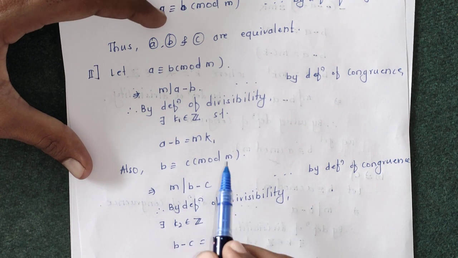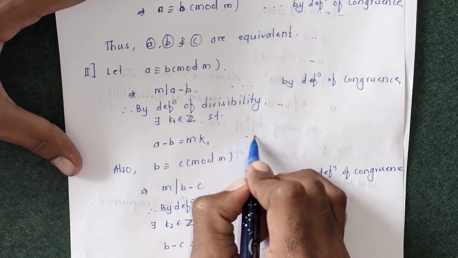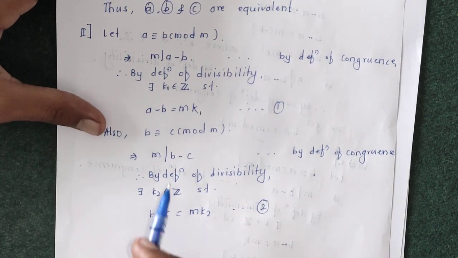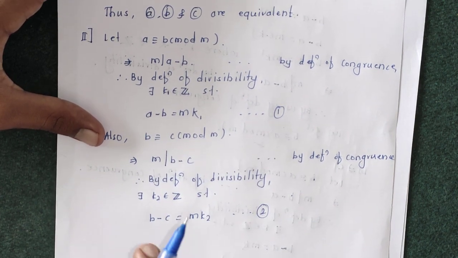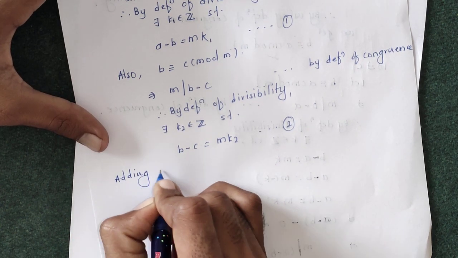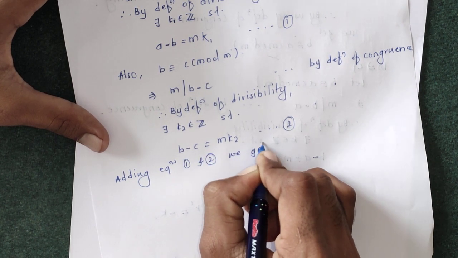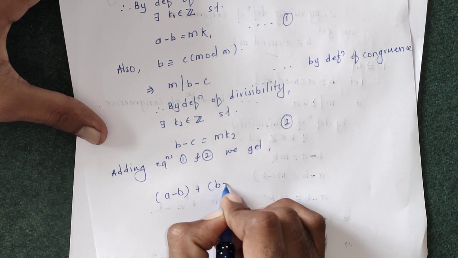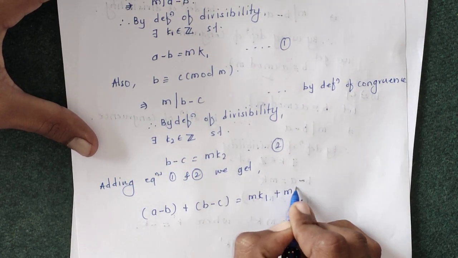To prove this, we must prove that m divides a minus c. Suppose this is equation number 1 and this is equation number 2. After adding these two, b is going to cancel and a minus c is going to remain. So adding equations 1 and 2, we get a minus b plus b minus c is equal to m k1 plus m k2.